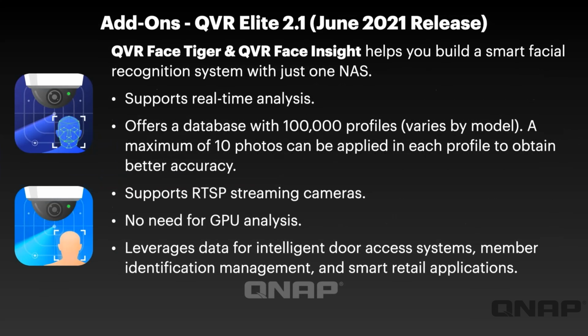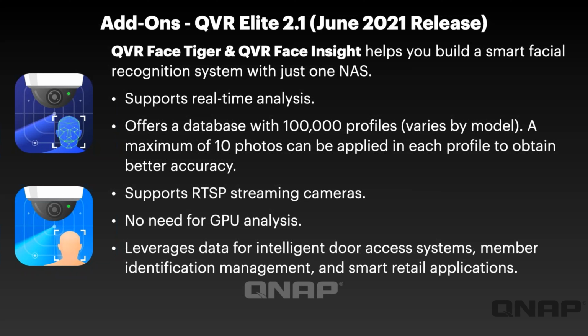And moving into just the last slide before we go to the demo, and this is the QVR Face apps. We've got two versions of the apps, so I'll cut to a web page in a moment to explain the differences. But we've got two options here: QVR Face Tiger and QVR Face Insight. They're both the same price. It does allow you to build smart facial recognition, so it does that in real time.